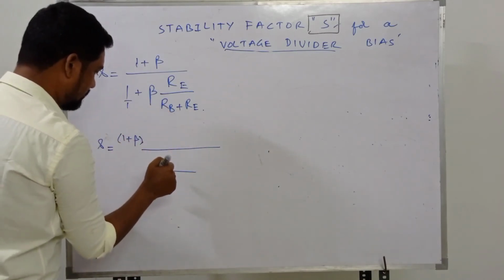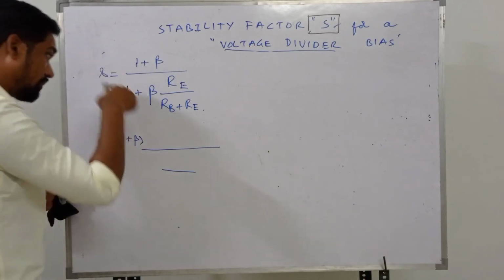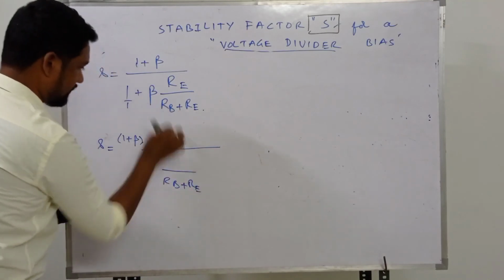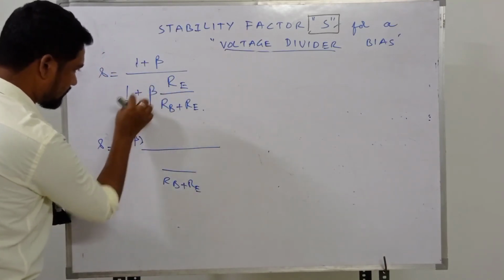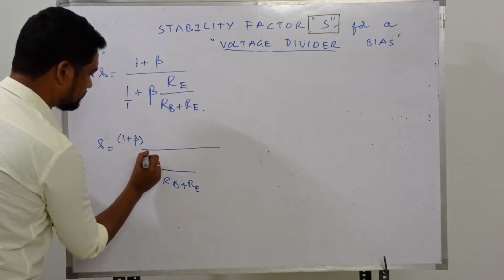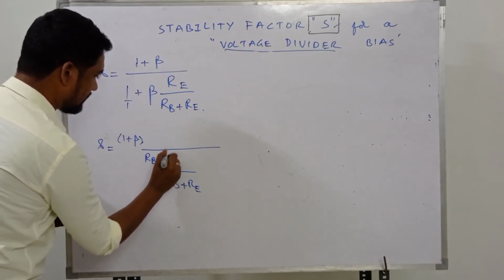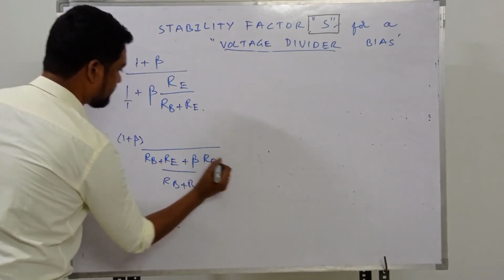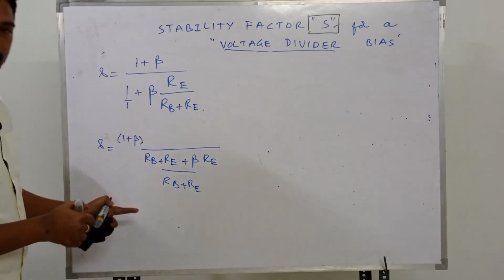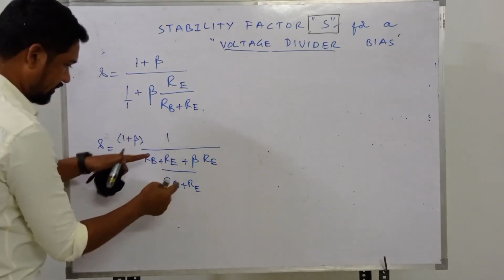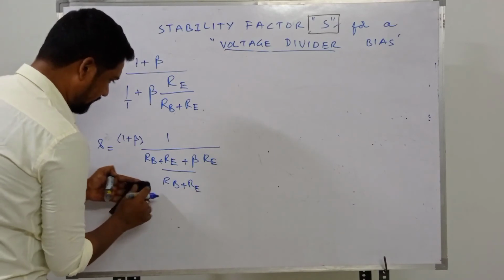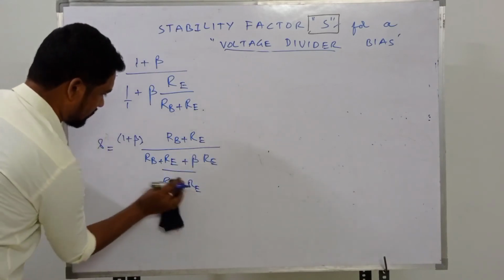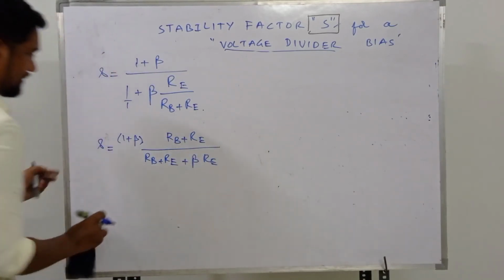So in the denominator we're going to have a ratio, and the denominator of the denominator, RB plus RE over here. Cross multiplying, what do we have? It's RB plus RE plus beta RE, right? Guys, I cannot go for another step. We have 1 over here, this goes up, isn't it? So RB plus RE goes up. This is the simplification, isn't it?